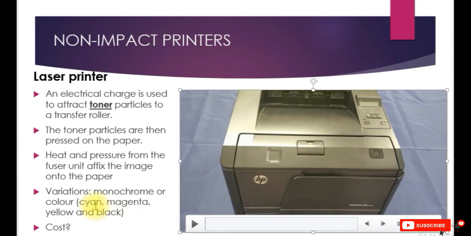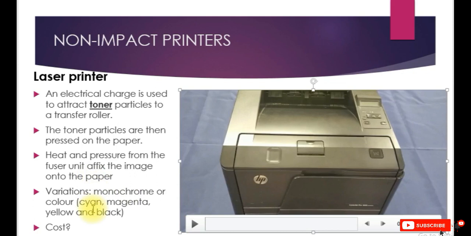There's the cyan, which is a shade of blue, the magenta, which is a shade of red, yellow, and then there is black. And what it does is mix the colors to get whatever color is required for a color print. So that is essentially the difference between a monochrome laser printer and a color laser printer.